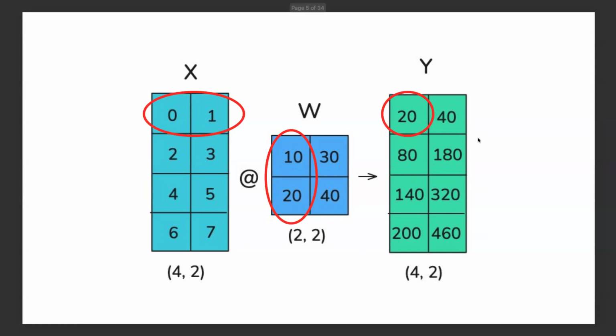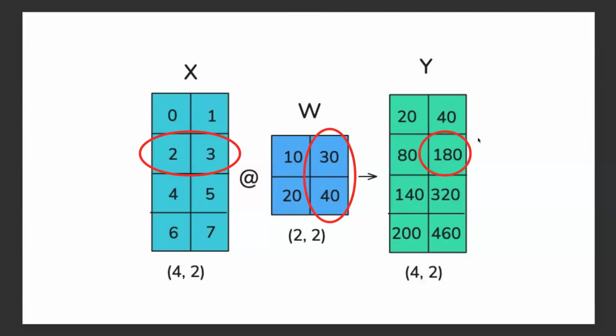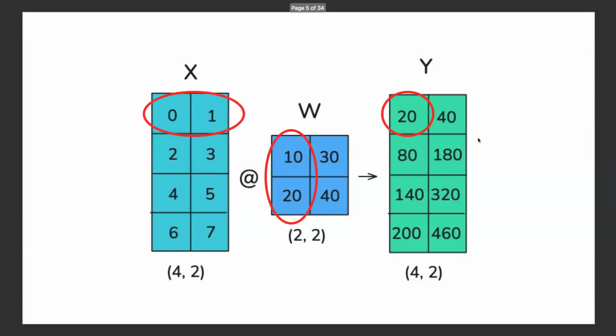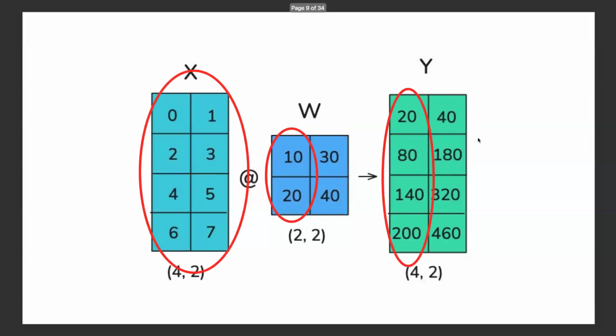And a quick recap of what it means to multiply a matrix: we have a row, we take a column from W, we get a single value Y. Another row, another column, another value Y. So it's like row by column, and we get the Y's.